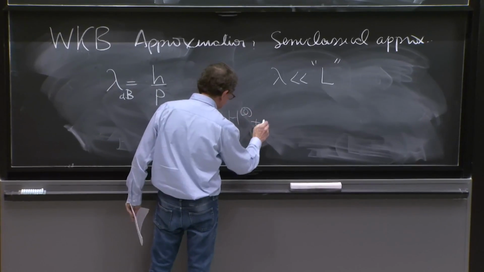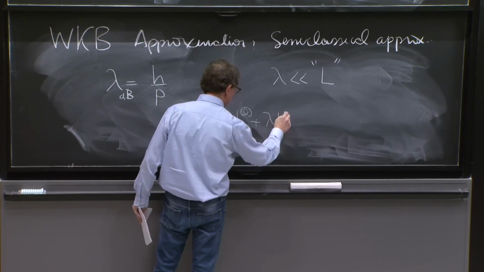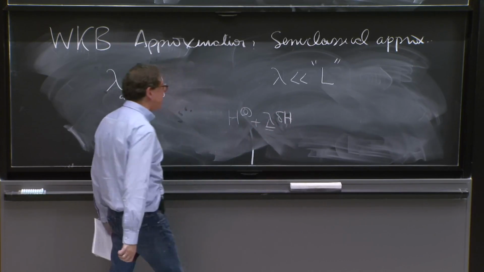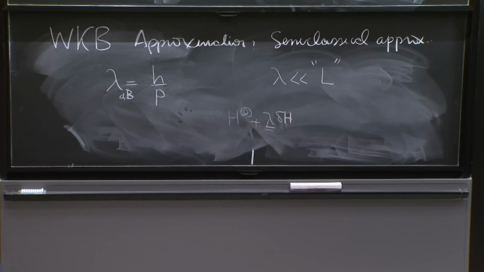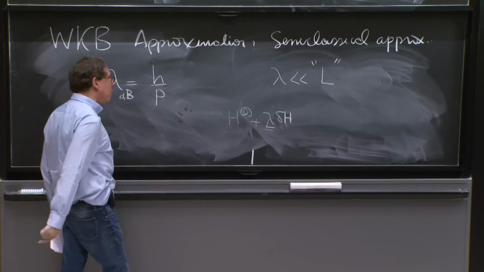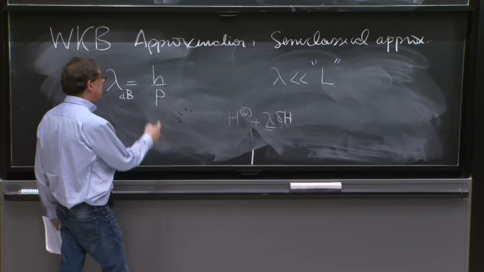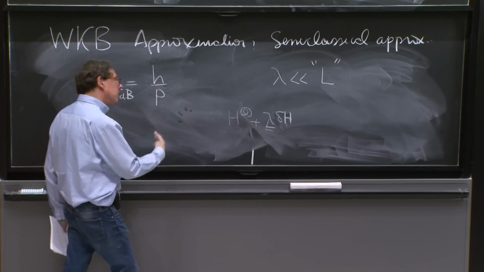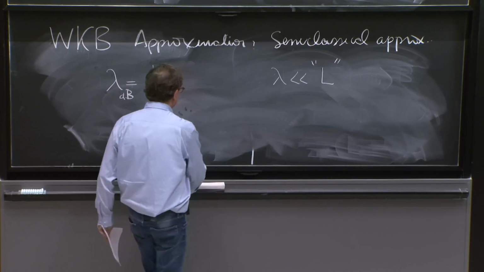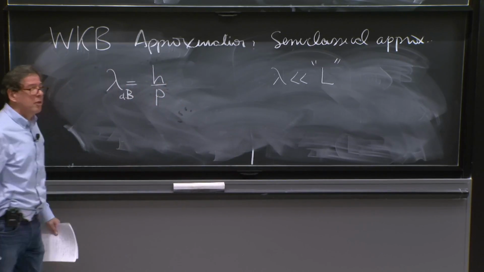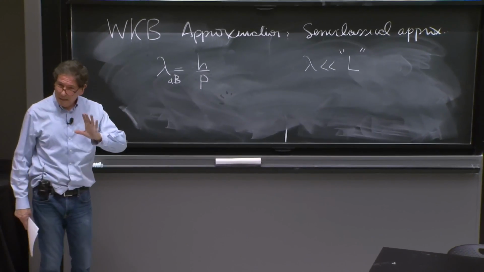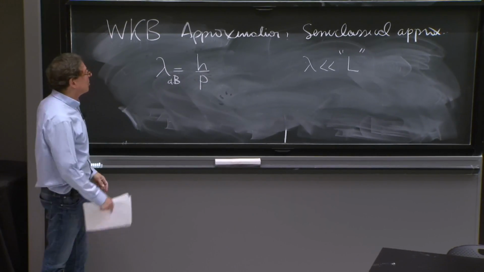We had a very nice and clean situation with perturbation theory where we had a unit-free quantity that we considered to be small. This time we're going to try to consider h-bar to be small, and it's going to be more delicate because it has units. It's going to be a more complicated story. The physics is interesting, and that's why this approximation is harder in some ways to understand than the ones we've done in perturbation theory.